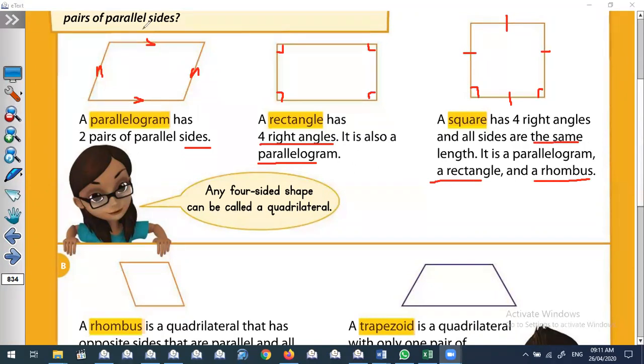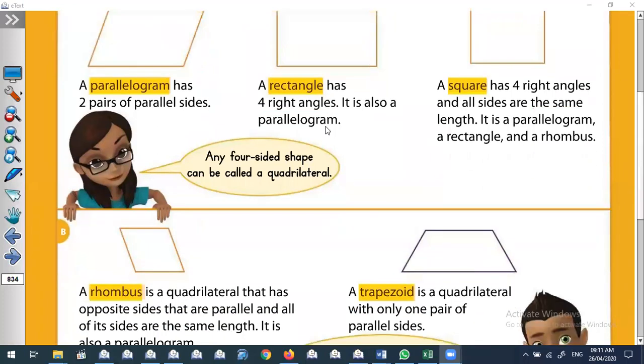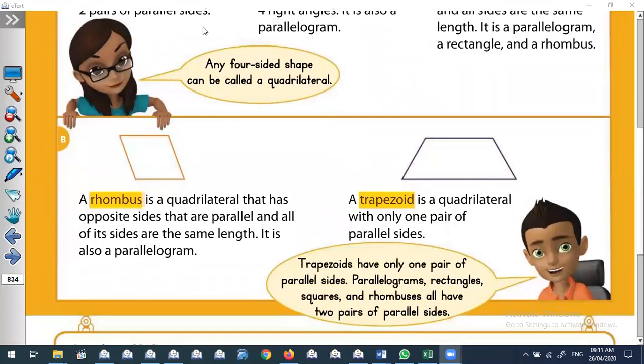The next one, rhombus. Rhombus is a quadrilateral that has opposite sides parallel and all of its sides the same length.